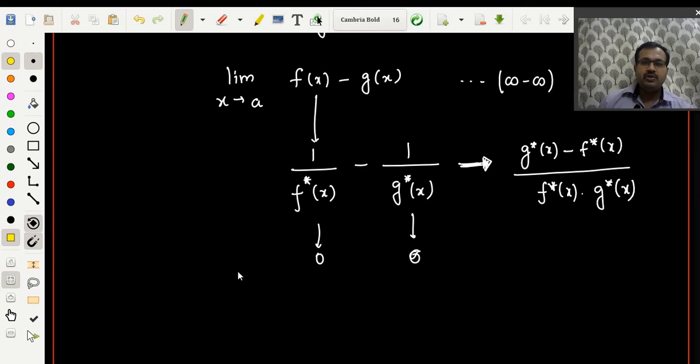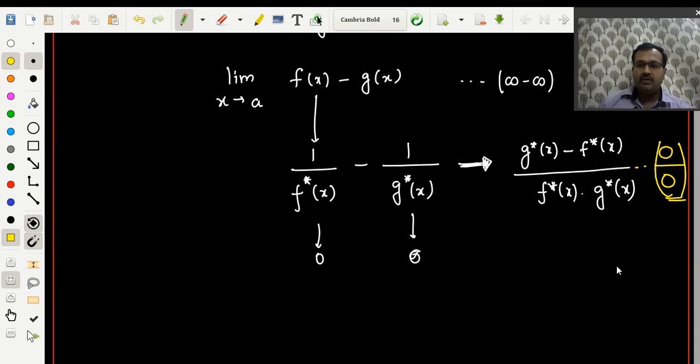Now if you observe, g star of x tends to 0 minus f star of x tends to 0 as x tends to a, and the denominator will be 0. So this is the indeterminate form 0 upon 0, and now we can apply the L'Hopital rule to evaluate this limit.